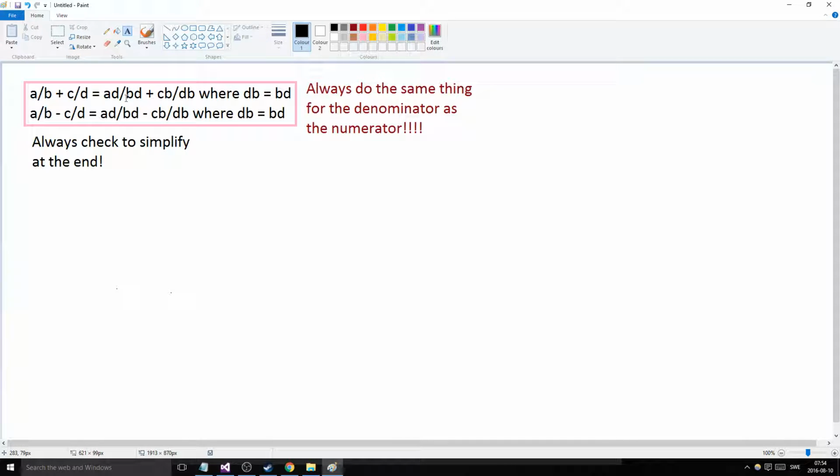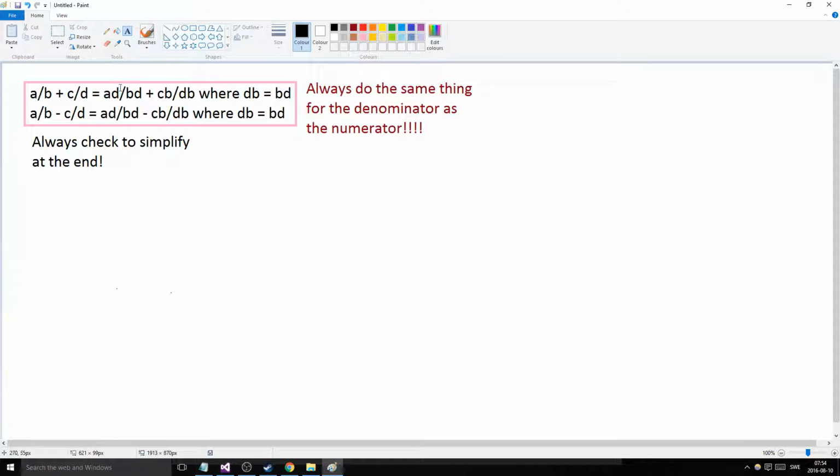I studied in Sweden, but I usually say A through B. I'll just say through, and you'll just have to correct that as you go along. C through D equals AD through BD plus CB through DB, where DB equals BD. When I show you now, you'll understand, and then you'll be able to use this.